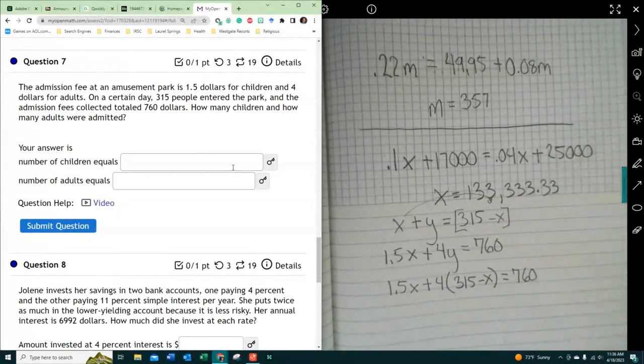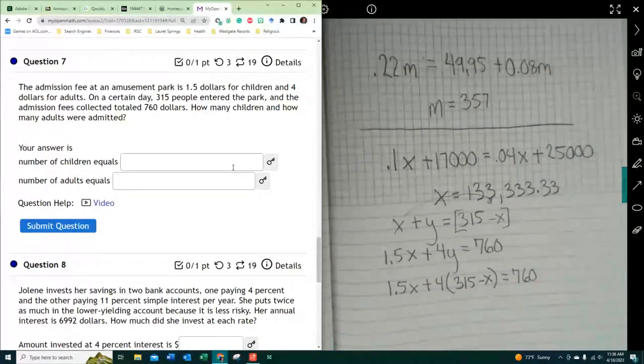Then I'm going to do the distributive property, combine like terms, and do all things required for isolation of x. So I'm going to do some evaluation here. So 4 times 315 gives 1260. Subtract 1260 from 760.